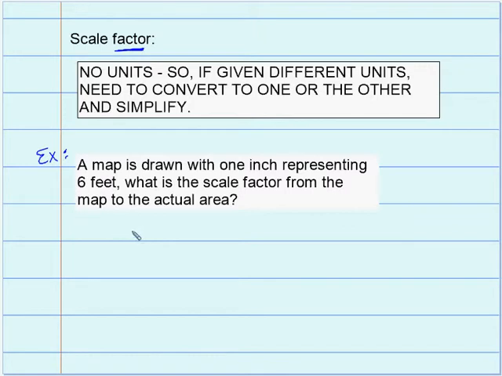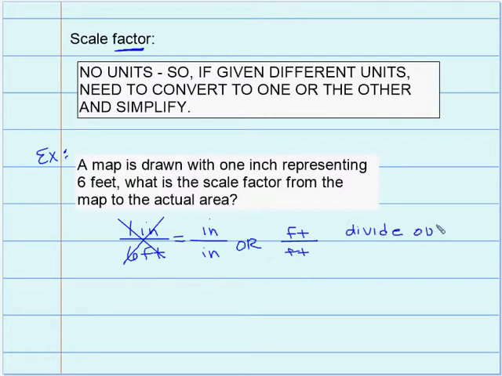Okay, so from the map is 1 inch to the actual area would be 6 feet. Okay, and this is fine, but it's not right, because you either need inches over inches or feet over feet. And then you're going to divide out those units and simplify.